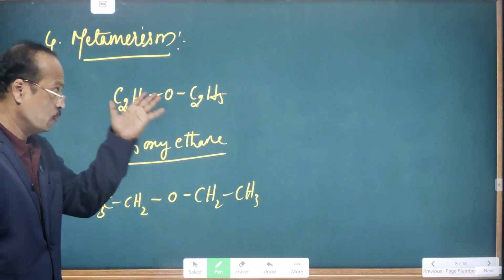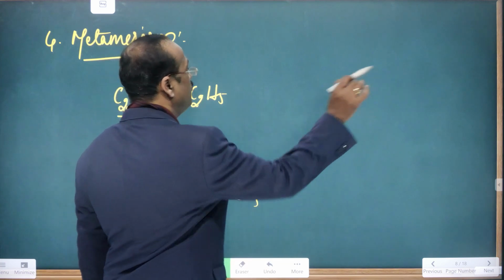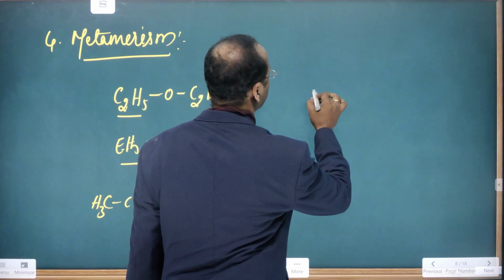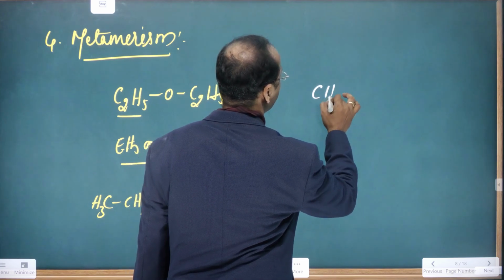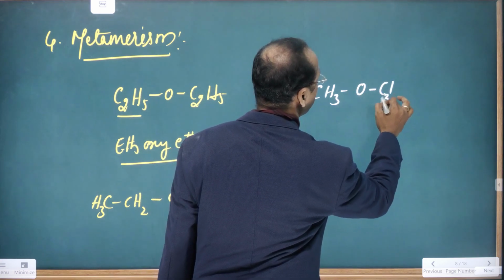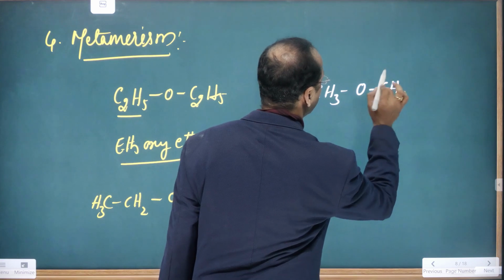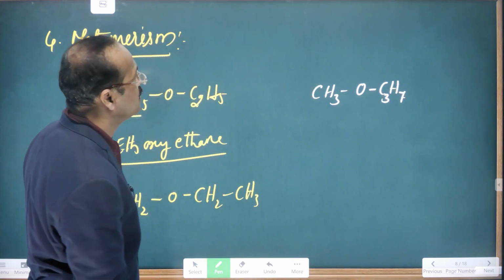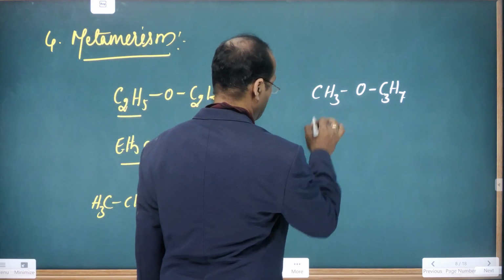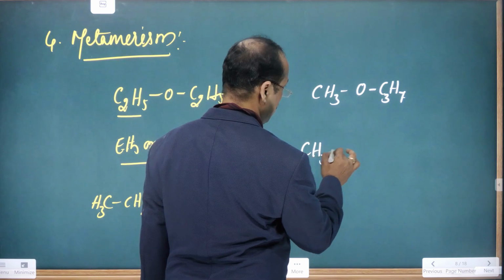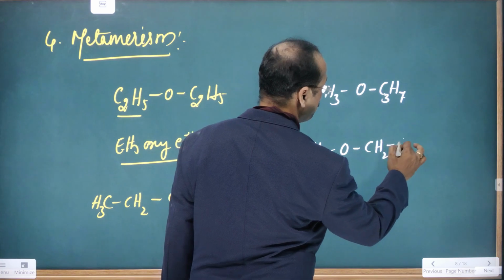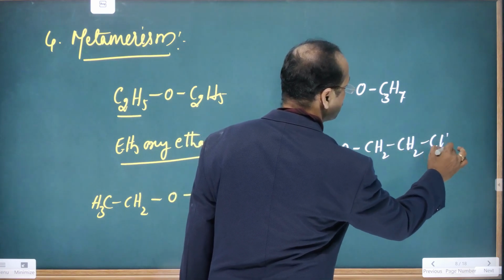Did you understand? Now see, if I write the structure like this, CH3O, C3H7. Otherwise, I will write it in expanded form also: CH3, O, CH2, CH2, CH3.